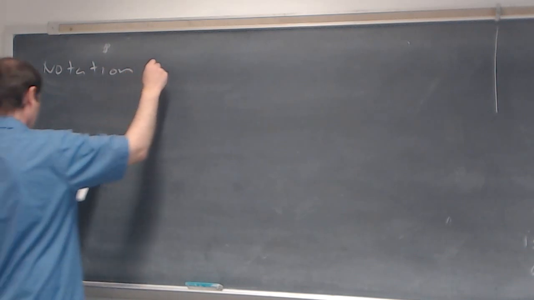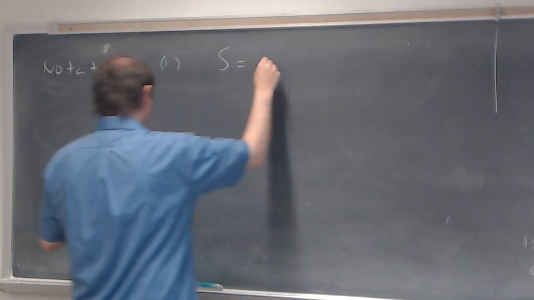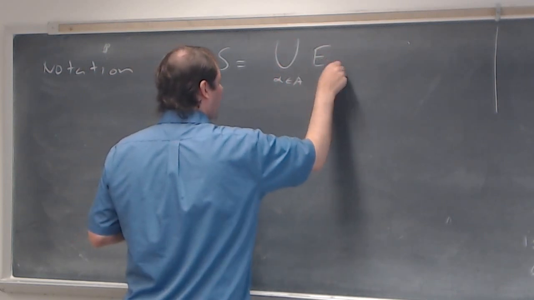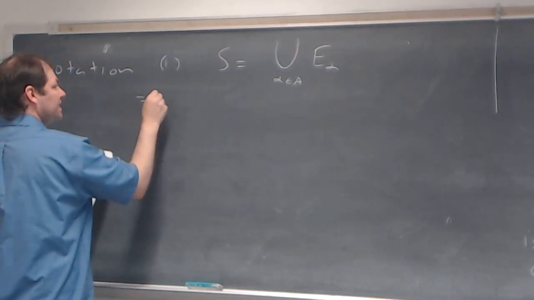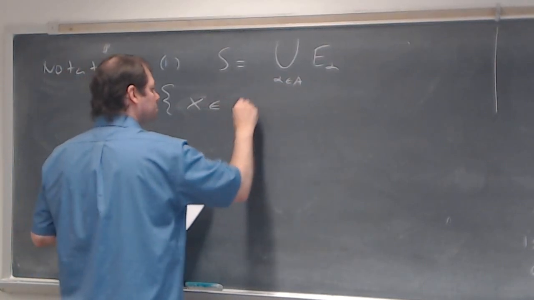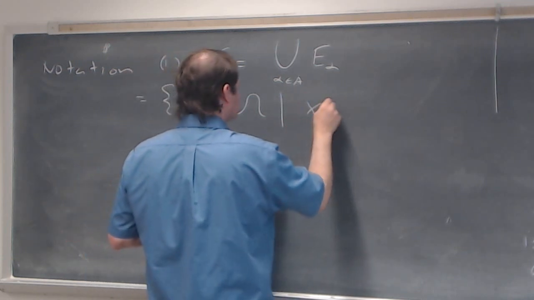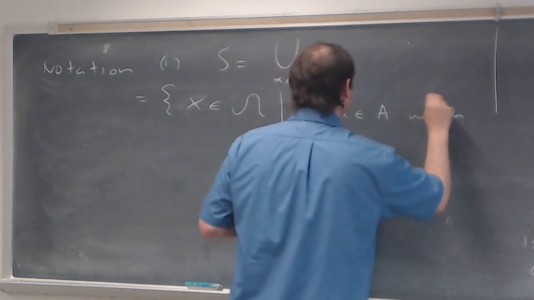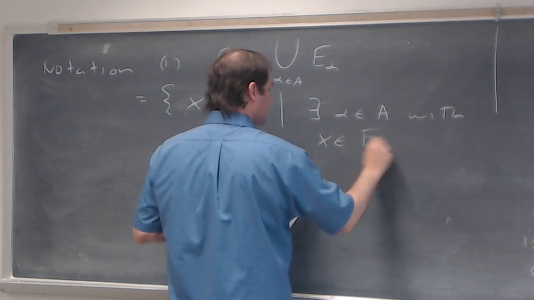Okay, so we have that definition. In terms of notation, the first thing I'm going to talk about is you can have a set S equal to the union for all alphas in A of E sub alpha, and that's equal to the set of all x's in omega such that there exists an alpha element of A with x an element of E sub alpha.